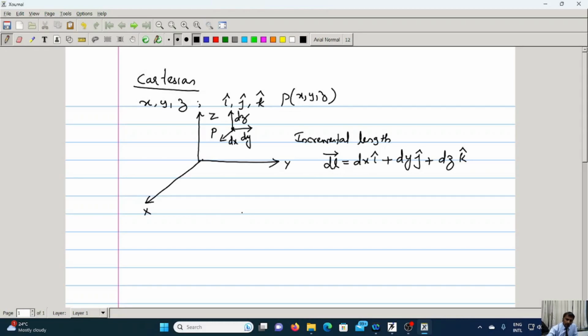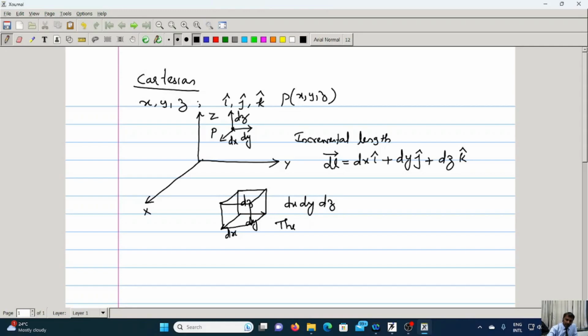Similarly, if you draw the volume element, I am taking it separately. This is your dy, this is your dx, and this is your dz. If you take one volume element, it has sides of dx, dy, dz.